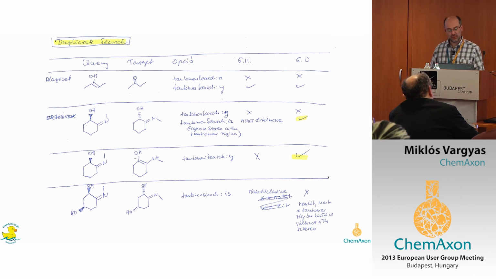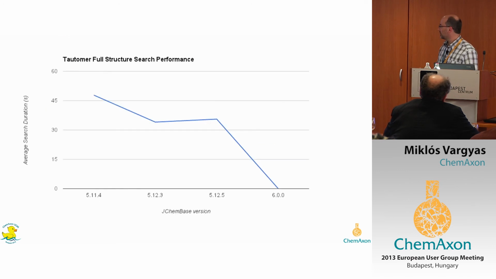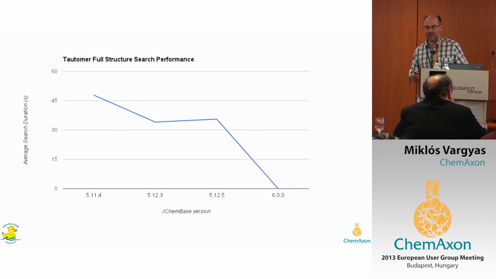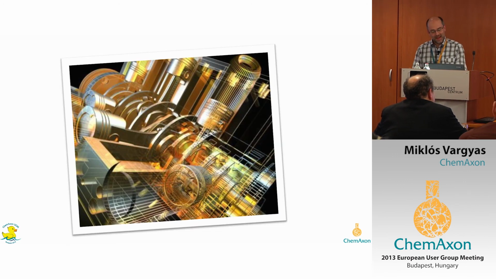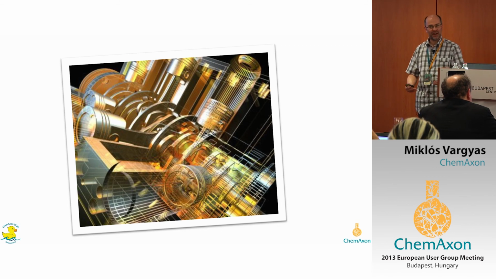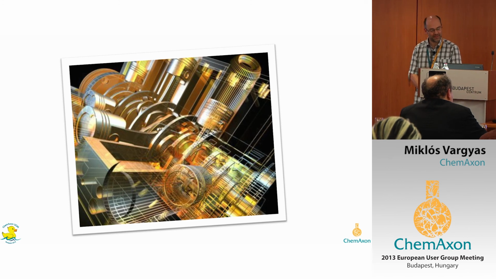And V6 gives you 30 times faster search on average in tautomer full structure and full fragment search. Remember this chart. And we enjoy high speed, just like you do. And we love tuning our V6 engine and boosting even higher performance from it. Okay, we love that. It feels fantastic.